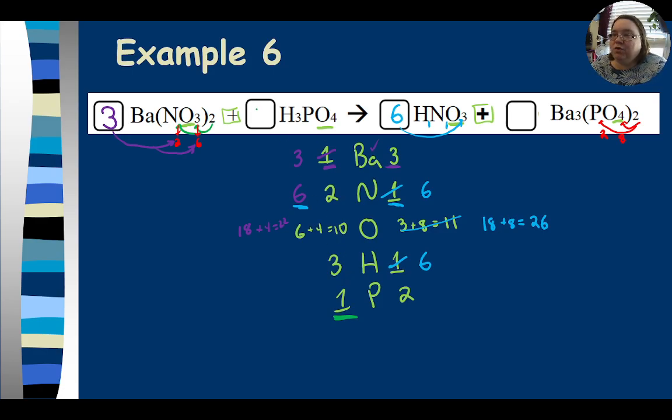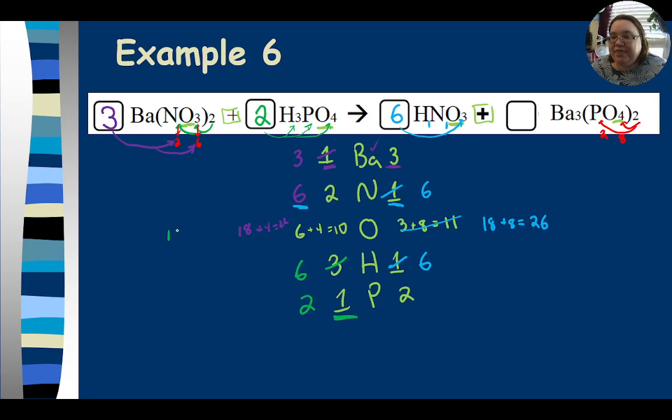I need to be a total of 2, so I'm going to put a 2 here. Okay. That 2 changes my H to a 6. That 2 changes my P to a 2. And it changes that O. It's not multiplying the 22 down at the bottom. It is 2 times 4.